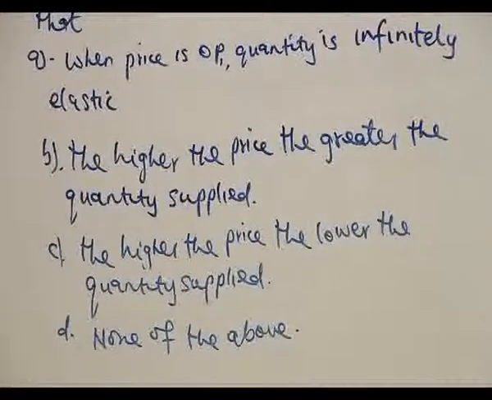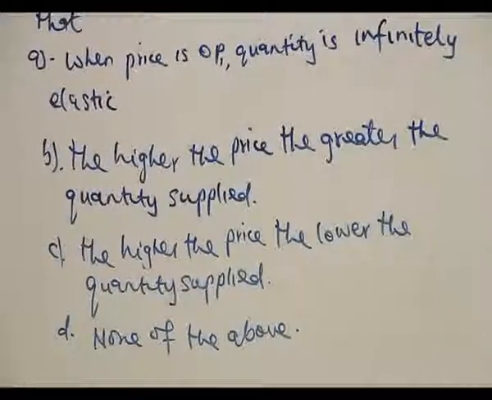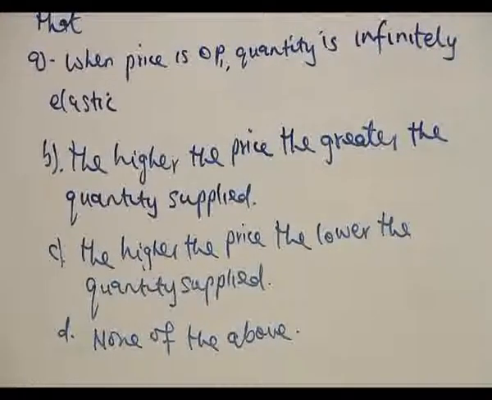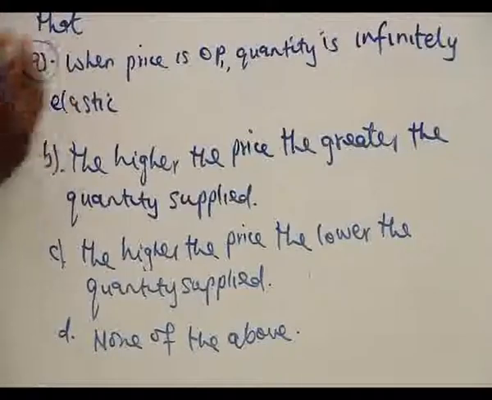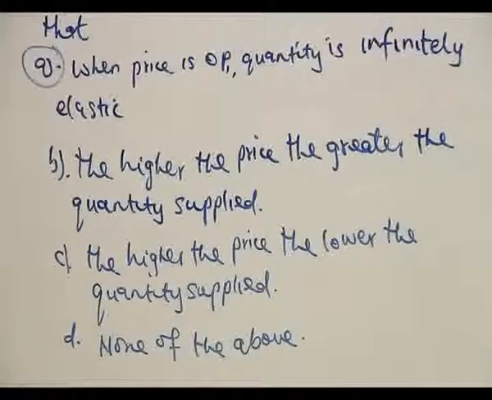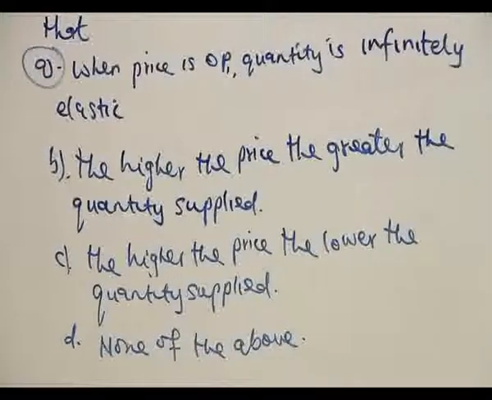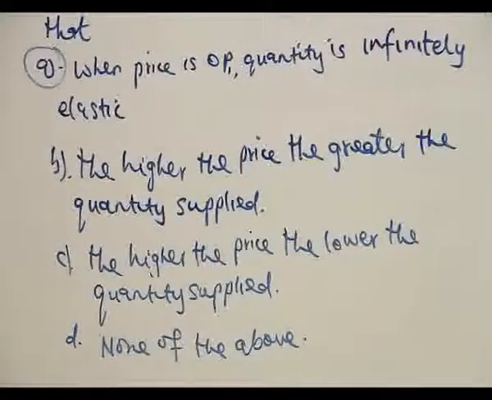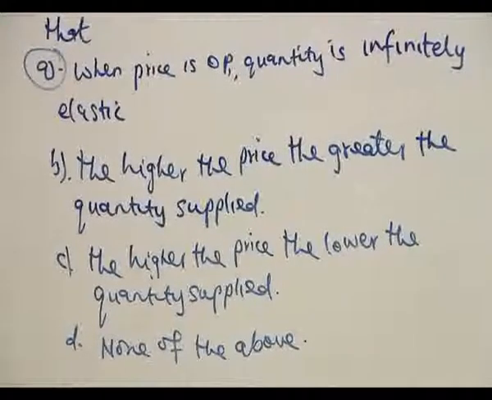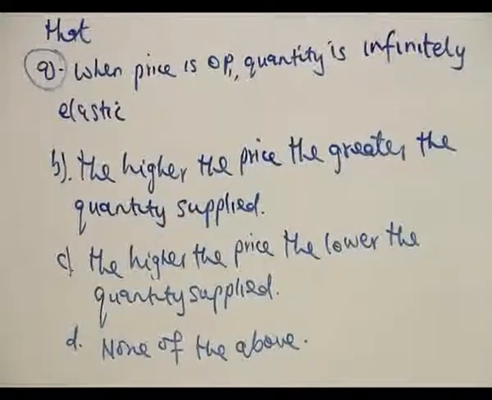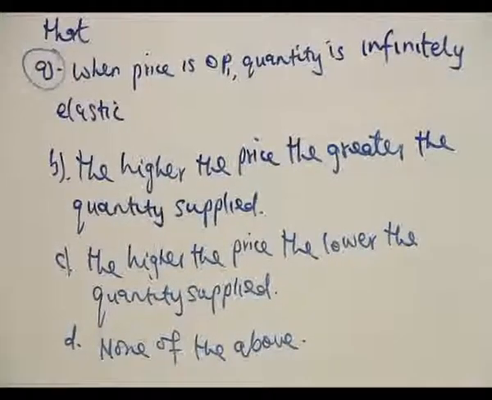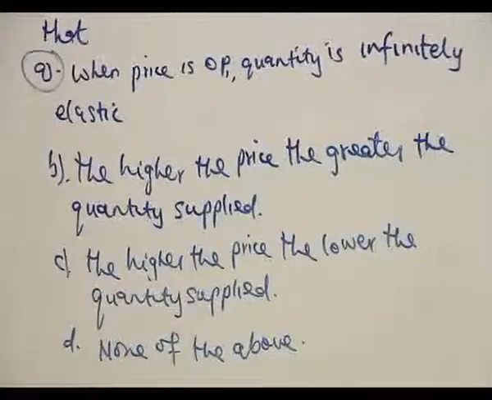The right answer is A. When the price is OP1, quantity is infinitely elastic. B, C, D are talking about change in price, but the diagram is telling us a constant price. B is talking about higher price, and C is talking about higher price as well. So they cannot be B and C, not to talk of D. So the right answer is A.